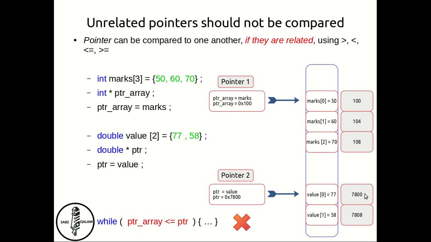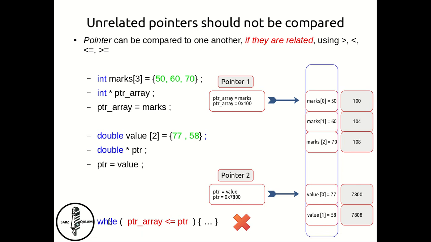In other words, just 8 bytes away. And the reason it's 8 bytes away is because it is of the data type double. And the pointer actually points to the first location of the value array. So it contains the address 0x7800. Notice 7800 is the same as the address of the first location.